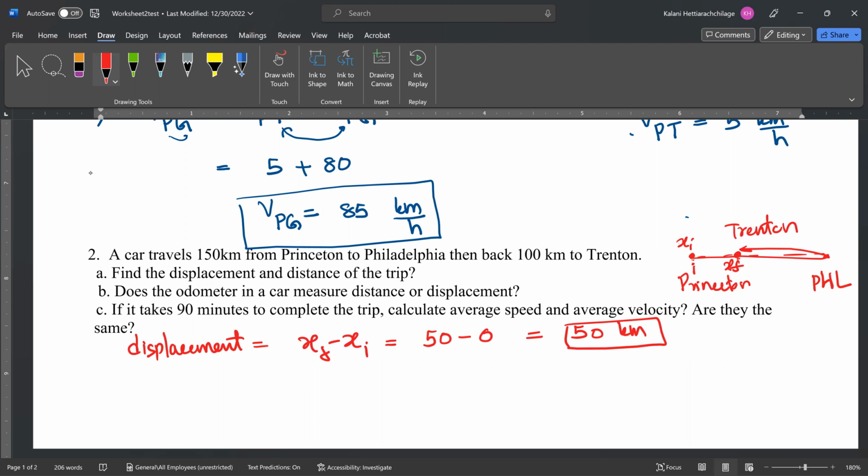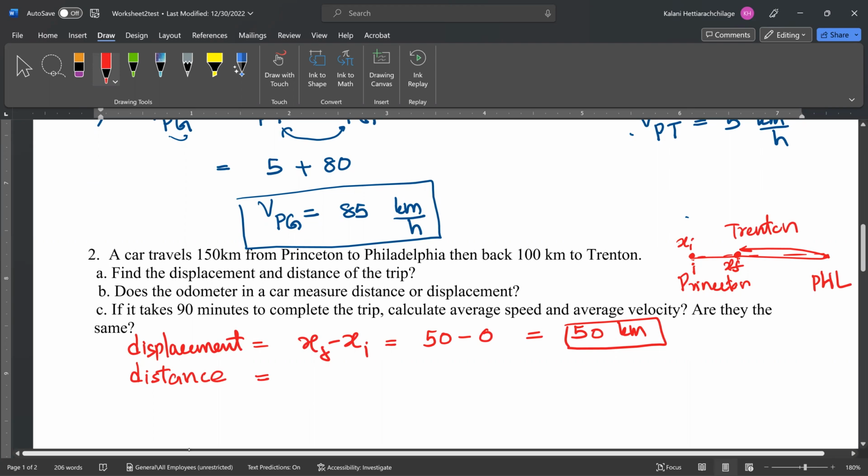Now, same question, it's asking you to calculate the distance. You see the distance is not x final minus x initial. Distance means you go from Princeton to Philadelphia, that is 100, and come back another 100, and you go 150 and come back another 100.